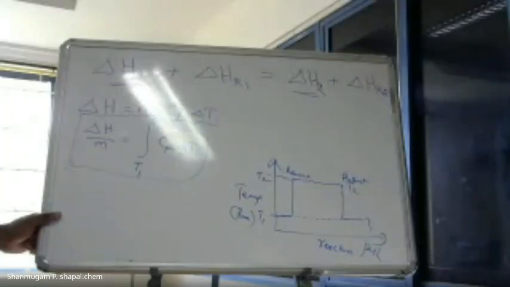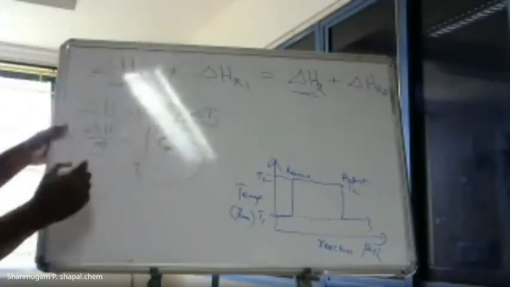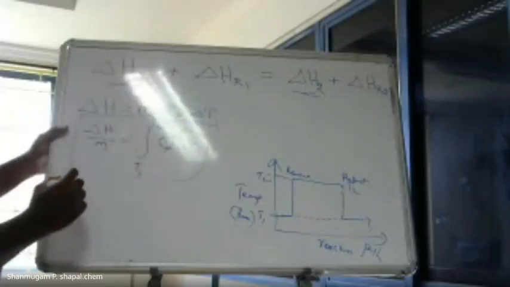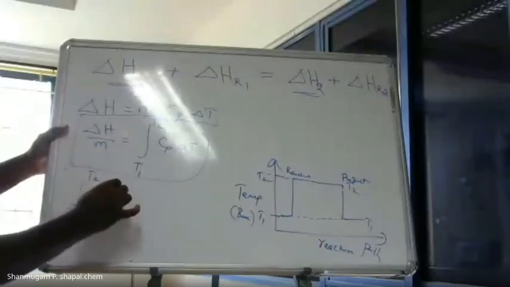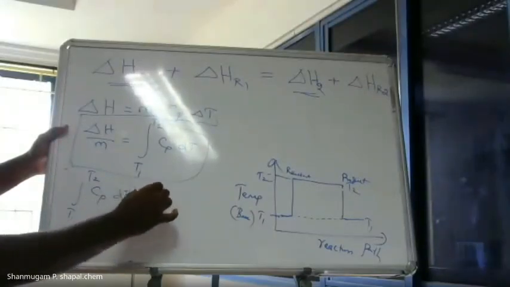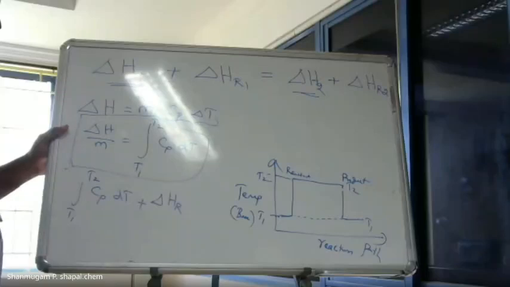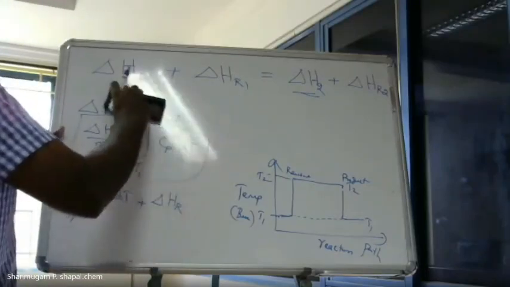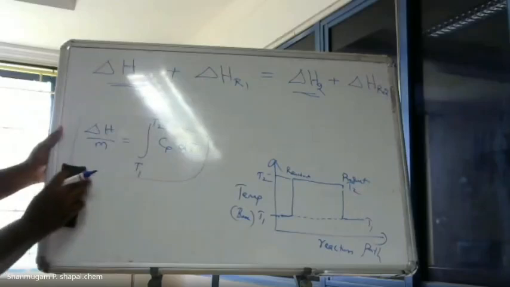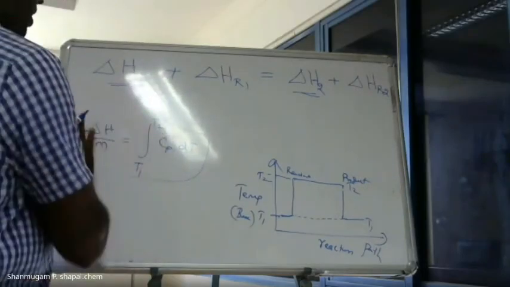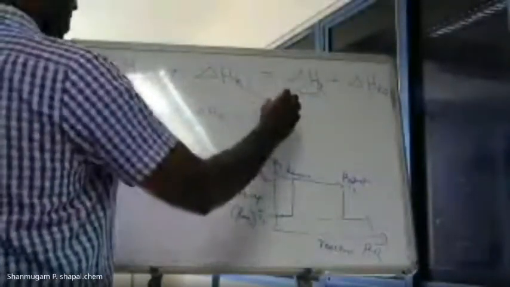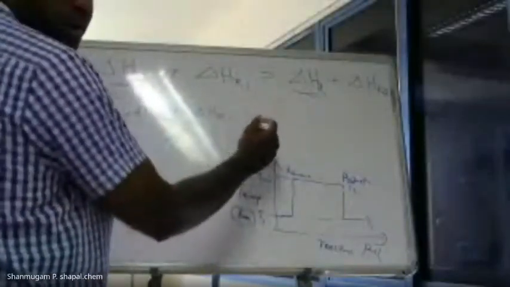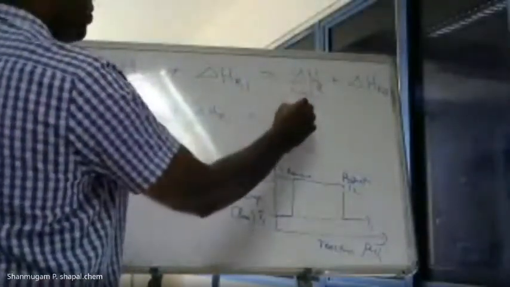Okay. So if you substitute this here, this will be integral T1 to T2 Cp delta T plus delta H R1 equal to, same here, T1 to T2 Cp dash dT plus delta H R2. I'll write it here because it's not clear for you guys.